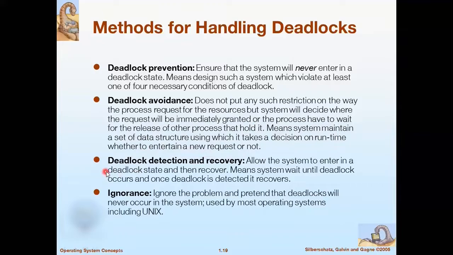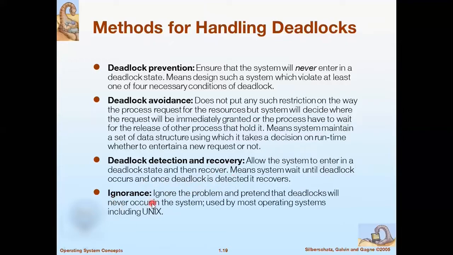The third one is deadlock detection and recovery. It waits for the problem to arise and deals with it from that time. Or we can say we allow the system to enter a deadlock state, detect it and recover. And the fourth one is ignoring the deadlock.